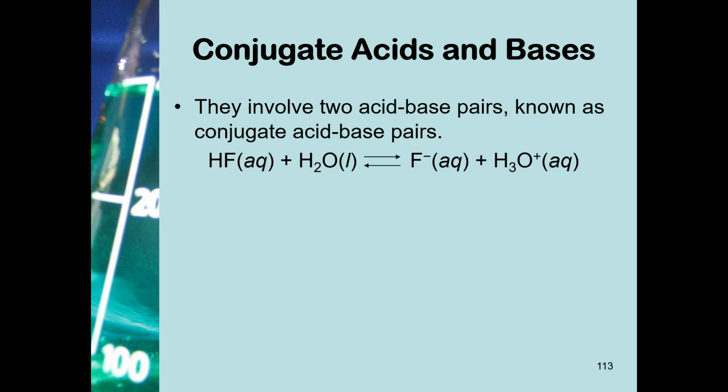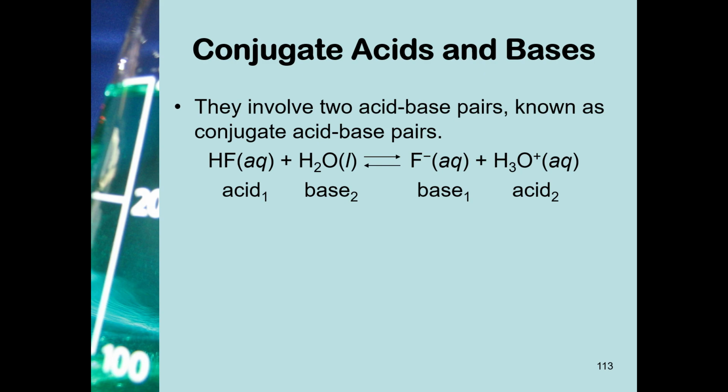If we look at our example, hydrogen fluoride was an acid, and it formed a conjugate base, which is base 1 on the right. So acid 1 goes with base 1. Hydrofluoric acid is the acid, its conjugate base is the fluoride ion.